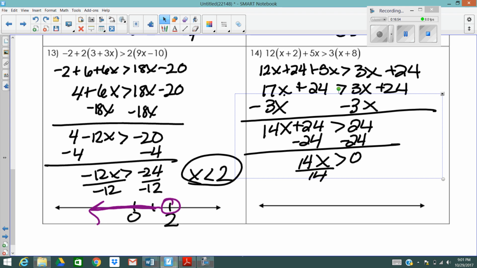Divide by 14. So we get x is greater than 0. And since I divided by a positive, no need to flip anything. So that's where 0 is. Put a 1 and a negative 1. Open circle on 0 since it's just greater than, and arrow to the right since it's greater than.